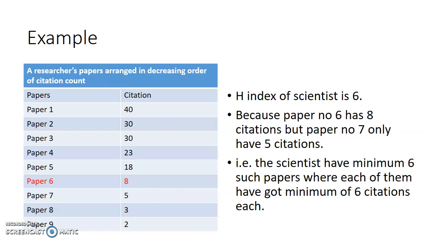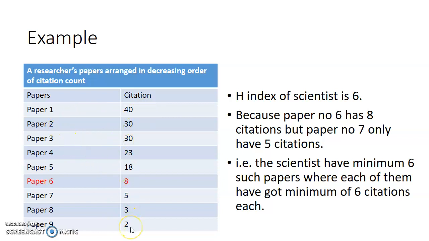For calculating the H-index, we have to rearrange the papers in decreasing order of citation count. Suppose a scientist has published a total of 9 papers and we have arranged these 9 papers based on citation count. Paper 1 has received 40 citations, paper 2 has 30, and so on.